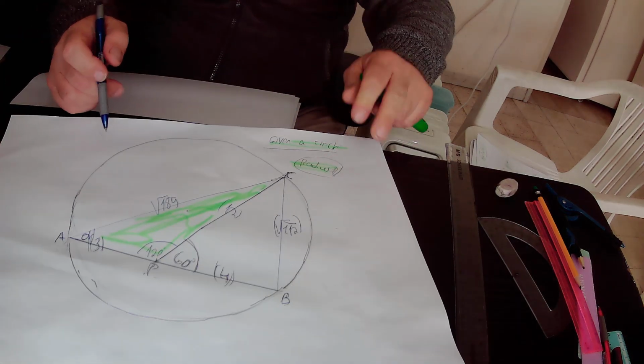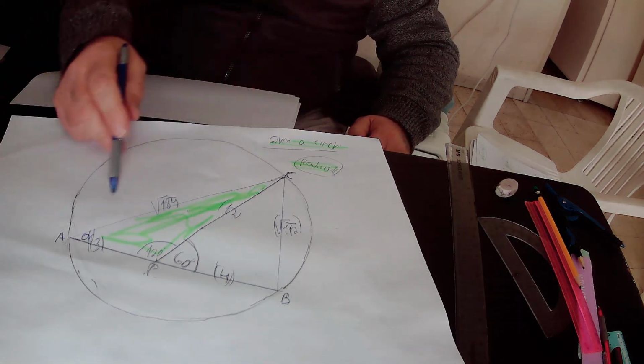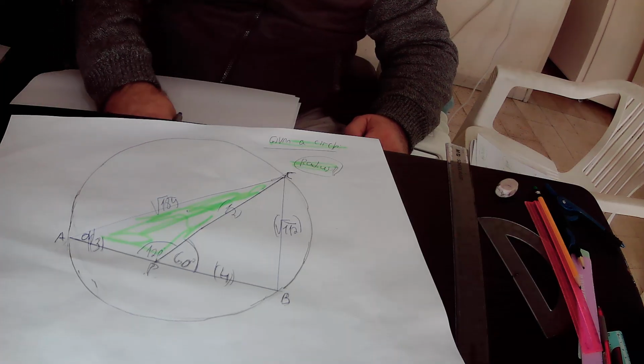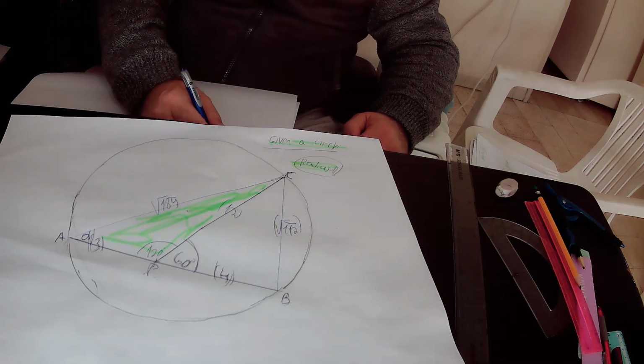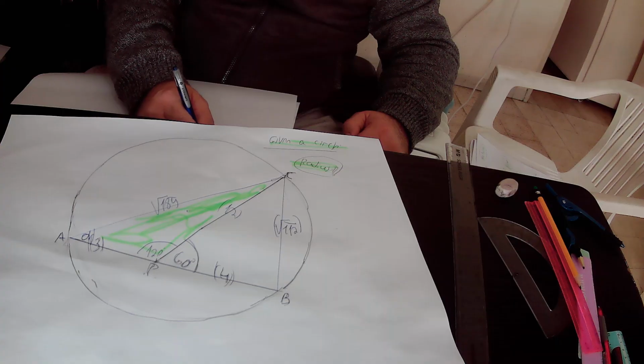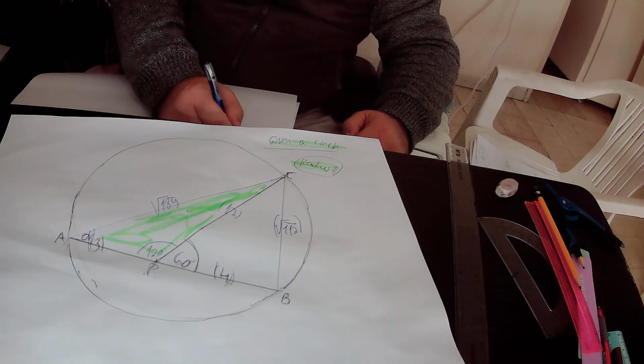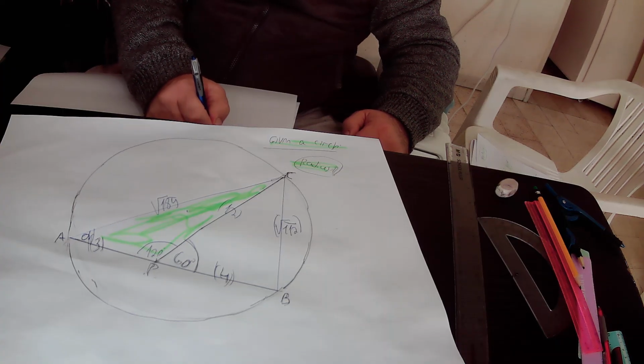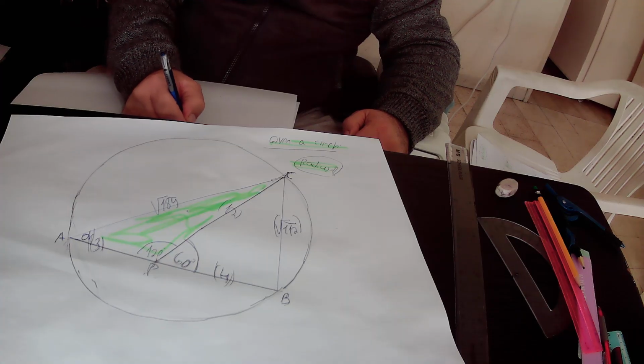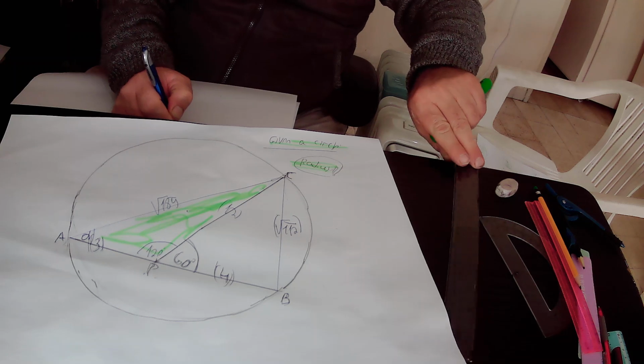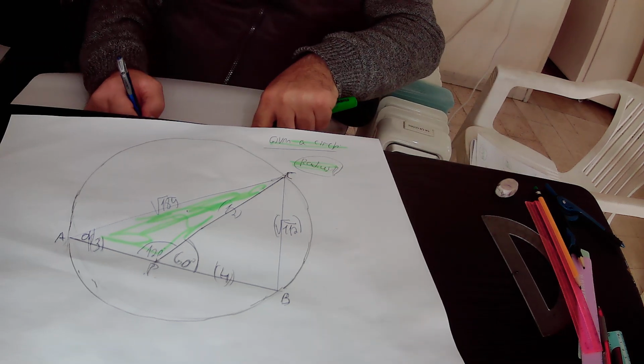We will choose angle theta as angle BAC, which equals alpha. So in the big triangle ABC, according to the law of cosines, the following equation is true.